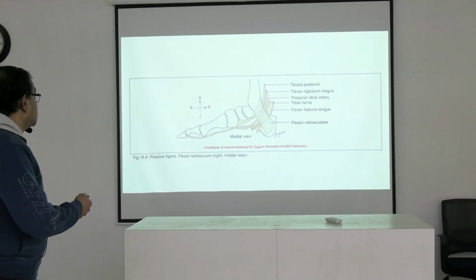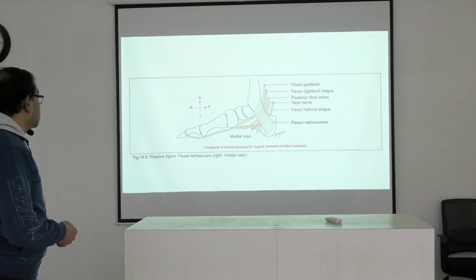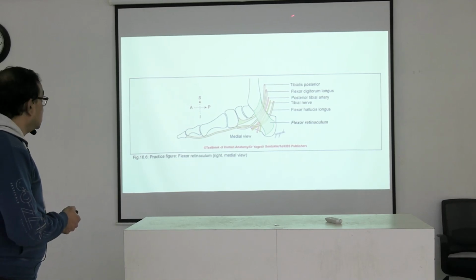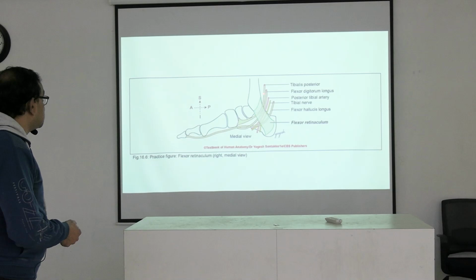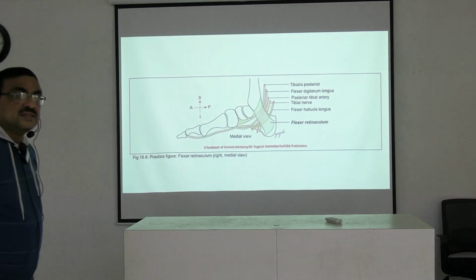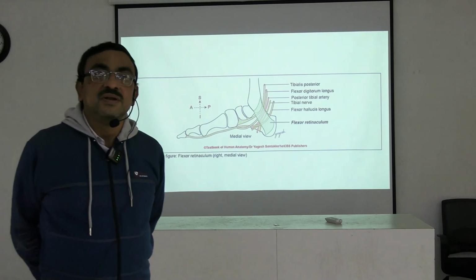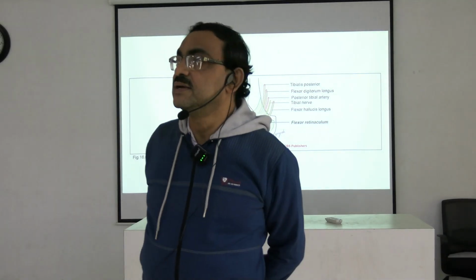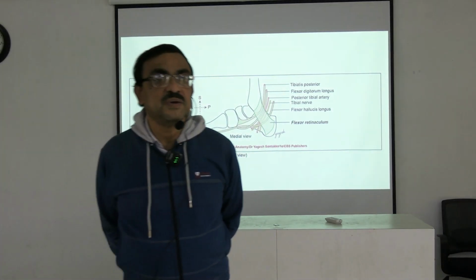Okay. So diagrammatic representation, you can see this tibialis posterior is coming and getting attached to this bone. This is called the tuberosity of the navicular bone. Tibialis posterior is very unique regarding its attachment.